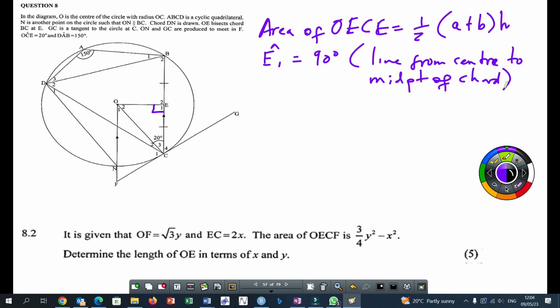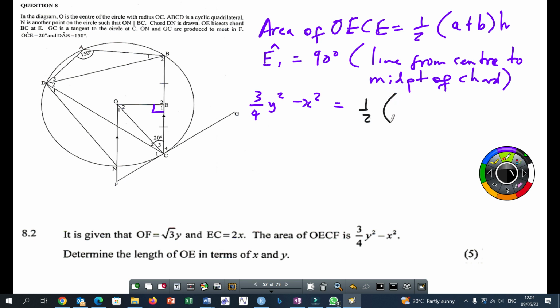Then the next thing now is to write my formula for the trapezium. So the area is given as this. So that's 3 over 4 y squared minus x squared. So I'm substituting the left hand side. Can you pay attention there, please? So this will be equal to half times.